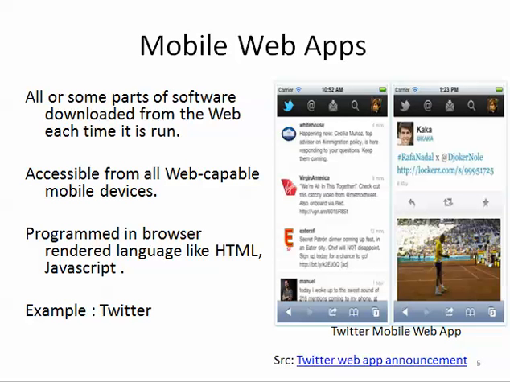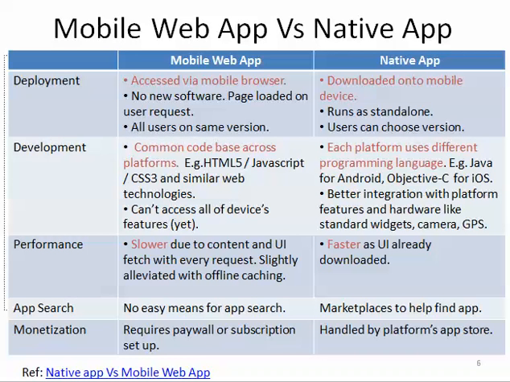And here are some examples. You can go to a specific place, and you have a type of web page that already works for a mobile device, and there is no need to do any installations.